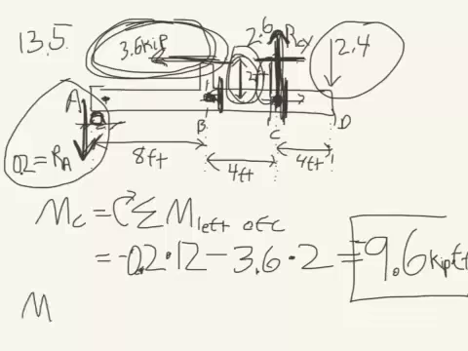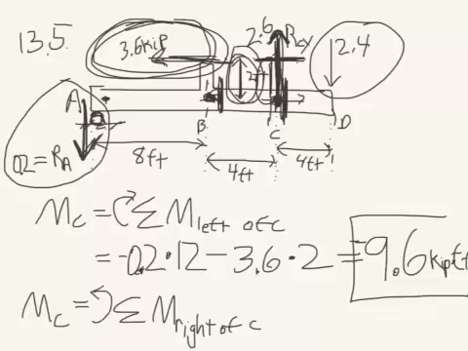Another way we could have thought about this is adding up the moments to the right of point C. But if we look to the right, then we'd have to use a sign convention where anything counterclockwise is positive.